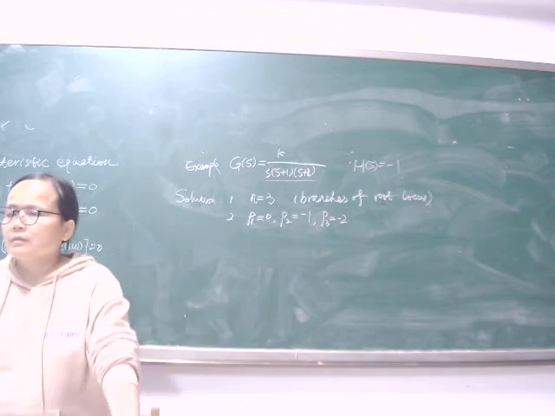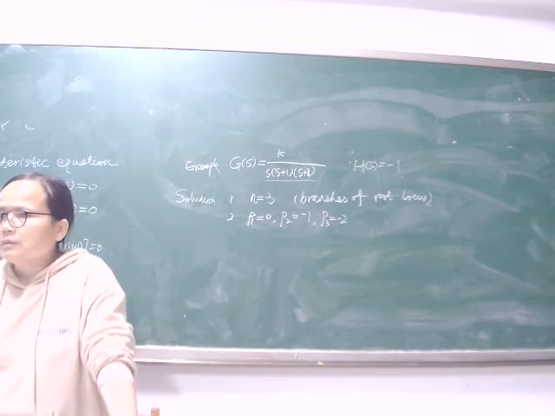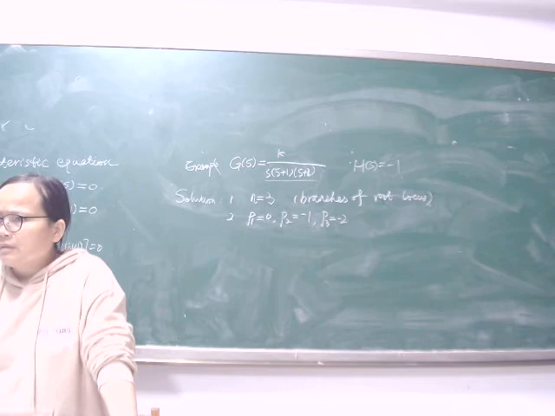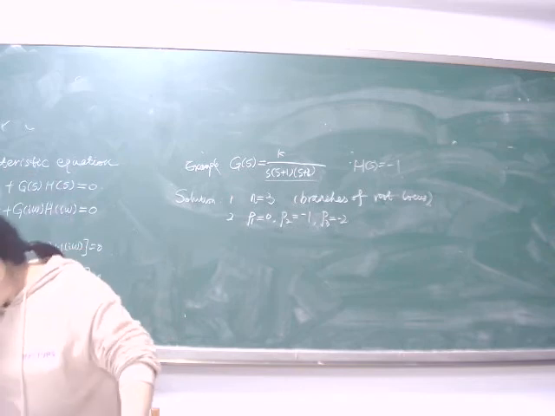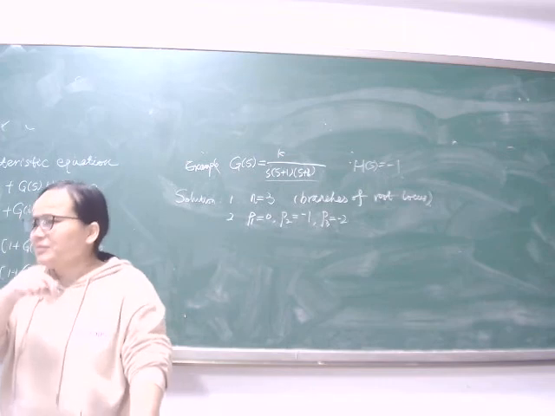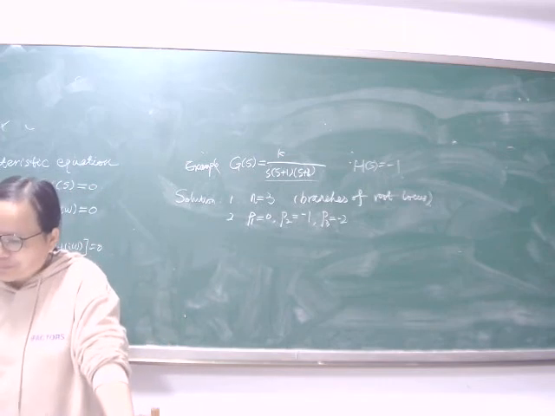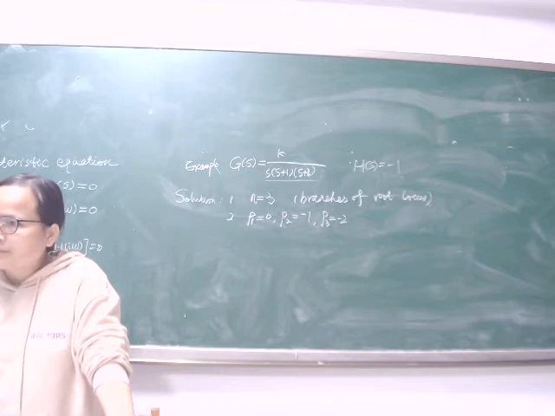And n equals 3. How can I get n equals 3? From S times S plus 1 times S plus 2, I can find S cube plus 3S square plus 2S. So the highest power of S is 3, so this n equals 3.